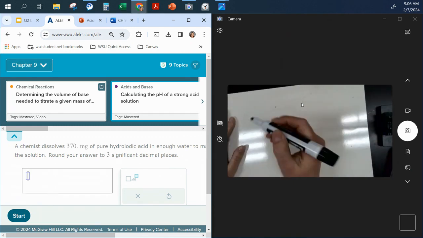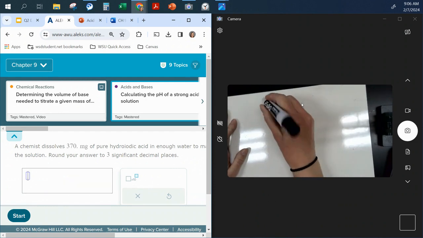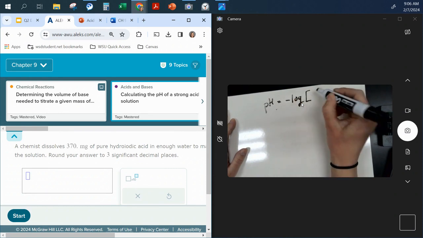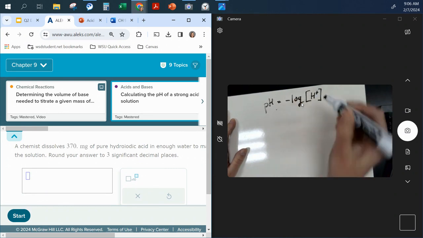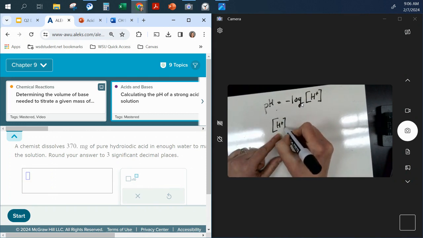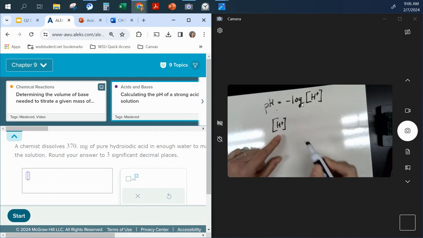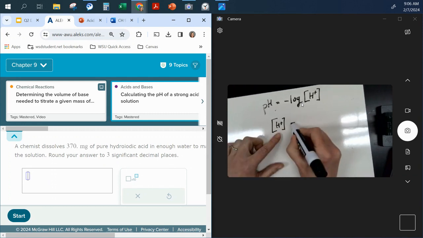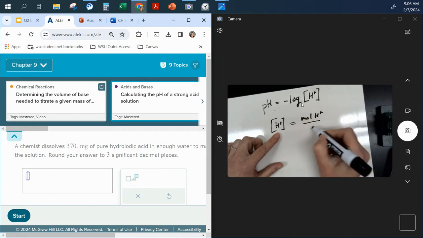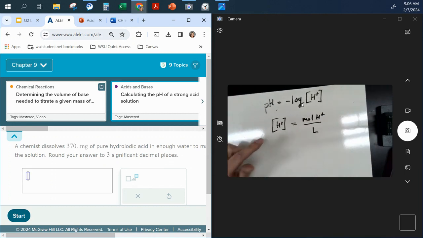So when I am calculating pH, what I'm doing is the negative log of the concentration of H+. This bracket, remember, means concentration. So chemists, instead of writing concentration of, they use brackets. And this means moles of H+ per liter.